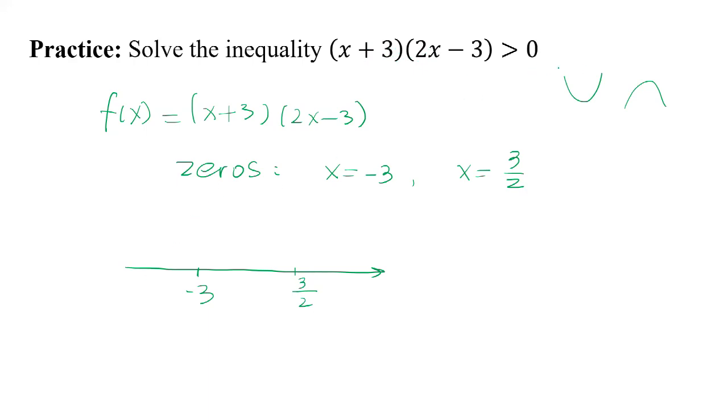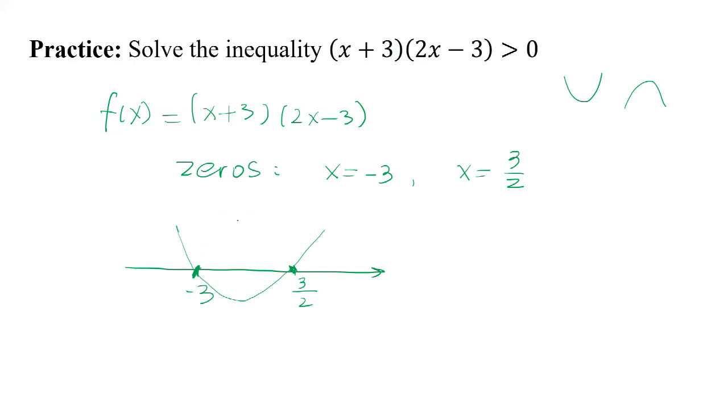If the leading coefficient is positive and the degree is even, it will have a pattern like this, right? Because all the zeros also have odd order, the function does change its direction at both of the zeros.